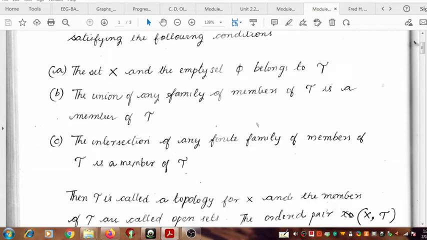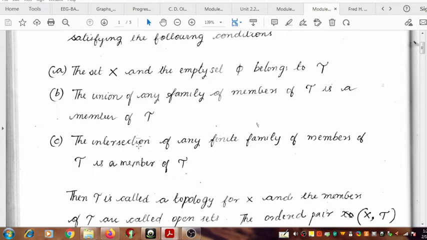If you take the intersection of infinitely many members of tau, that may lead to a situation where the answer obtained may not belong to the family. This situation may happen. Some simple examples are there, and that will be discussed in another video.